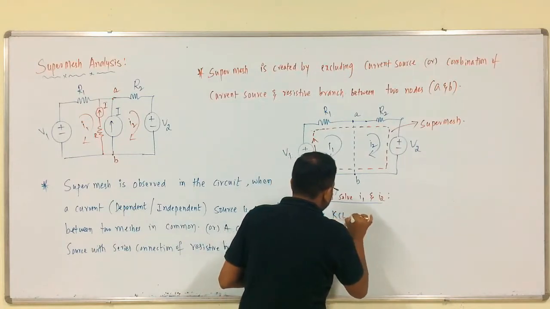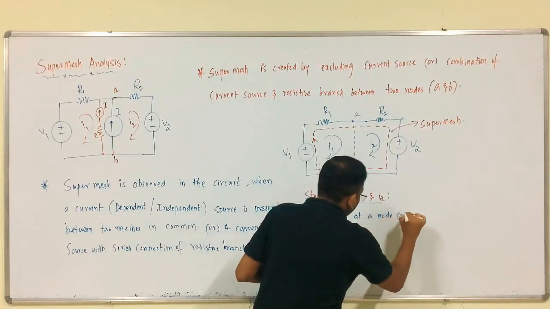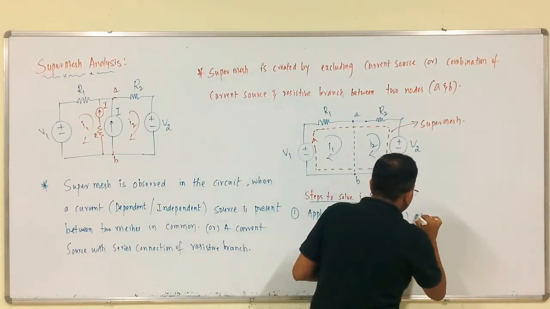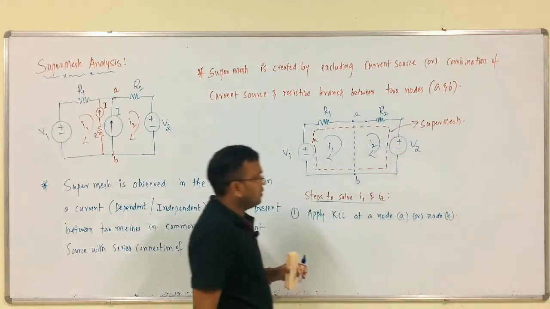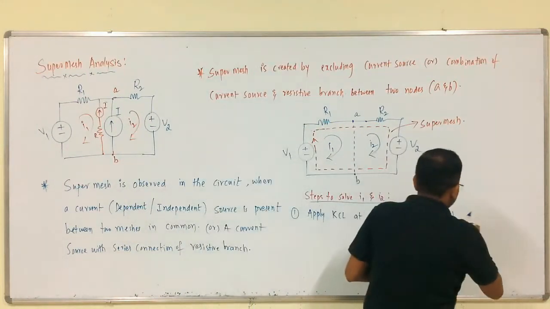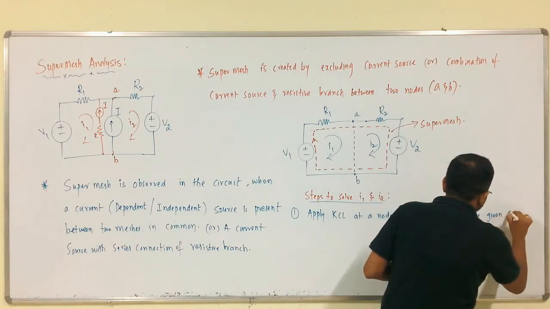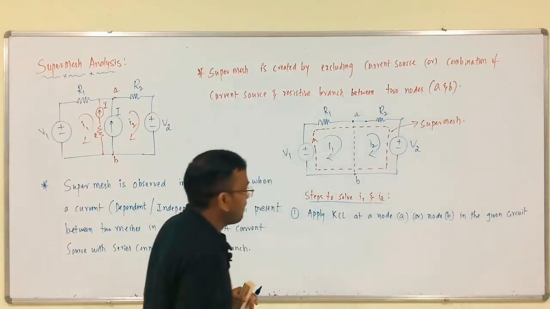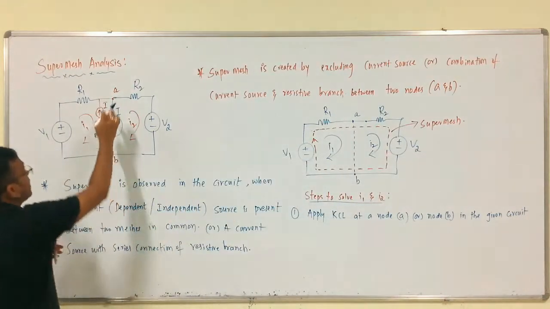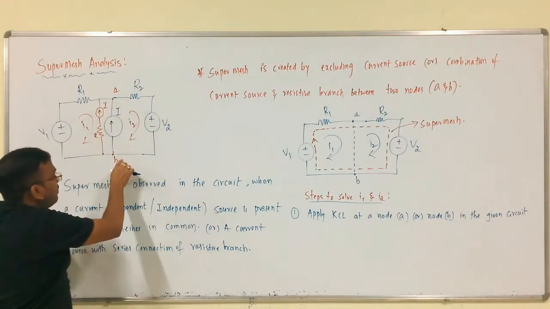First, apply KCL at node A or node B in the given circuit. See, this is the given circuit, right. At node A or node B, we have to apply KCL.